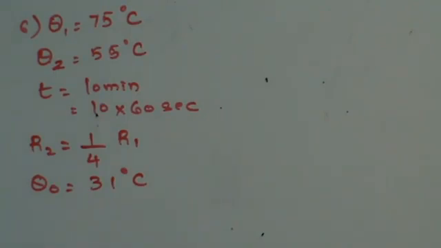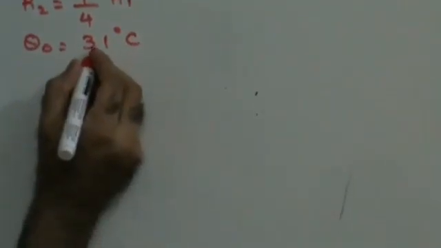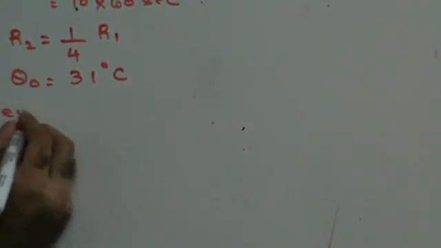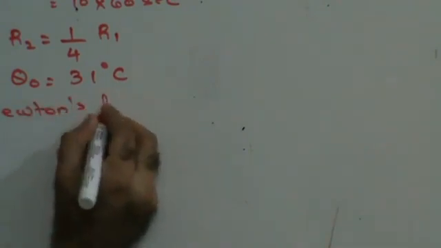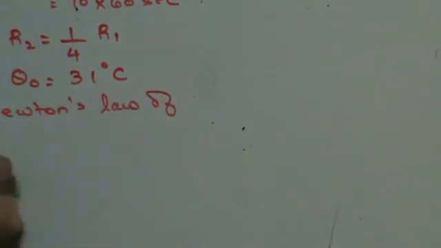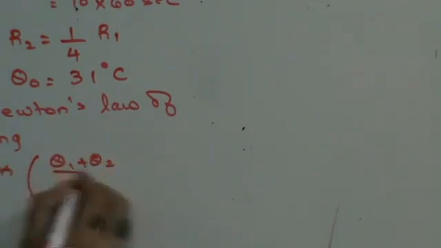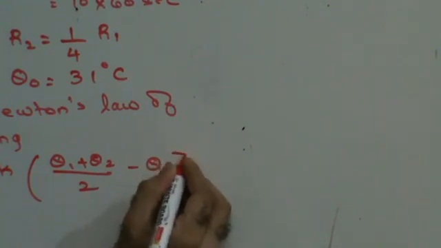So in that case, that means what was the initial temperature of the body? The initial temperature of the body can be considered as the average of the two temperatures. Hence, here if I apply Newton's law of cooling, I can say that R1 is equal to K times theta 1 plus theta 2 upon 2 minus theta 0.